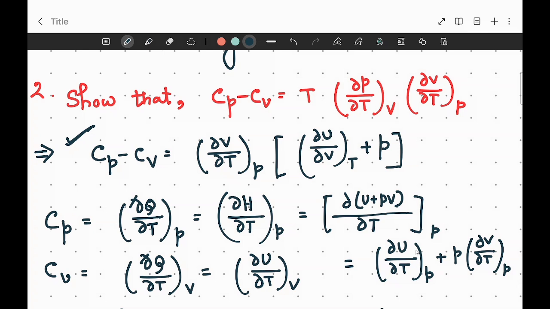No, that's also the ideal gas case. It's a general formula. For that, you can see del V del T at constant P is there. What is not there is del U del V at constant T, so we have to use a form of del U del V at constant T.